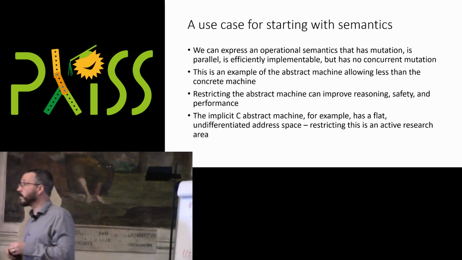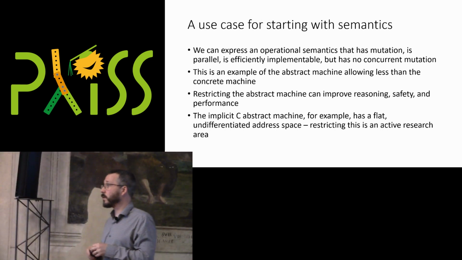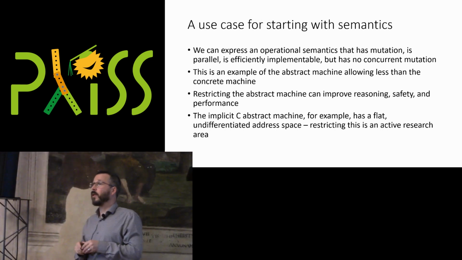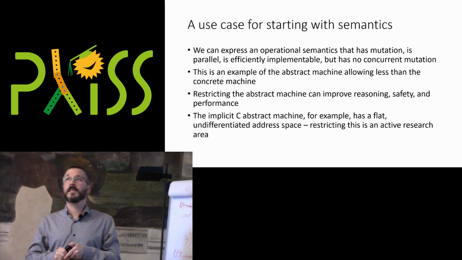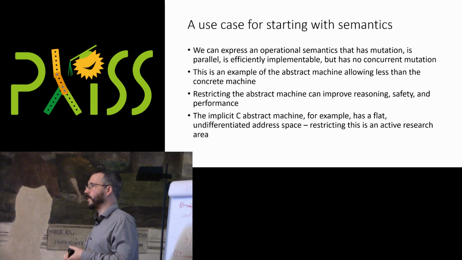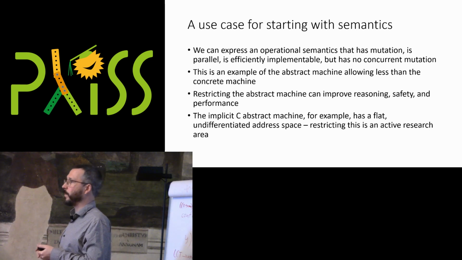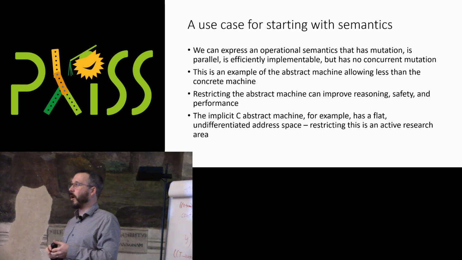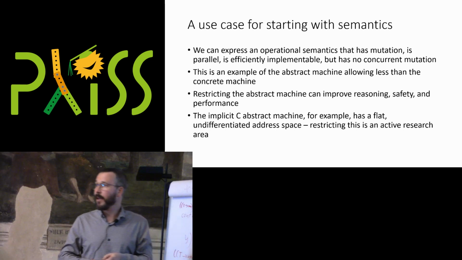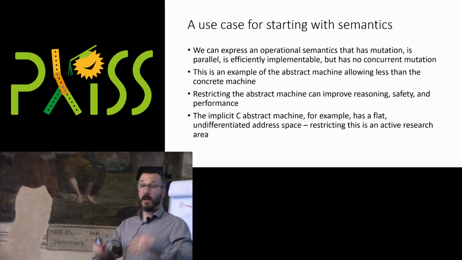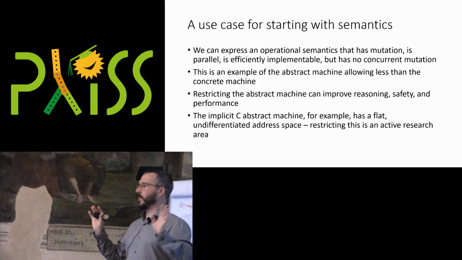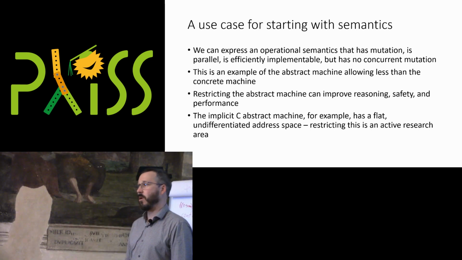Sorry? What do you mean by restricting the abstract machine? Not everything that the C11 API says is possible is in fact possible, right? There are many things in the C11 API that are effectively meaningless, right? You say, oh, go do this with your C11 atomic operation API, and the hardware won't do anything like that. And there's no hardware that will do anything like that.